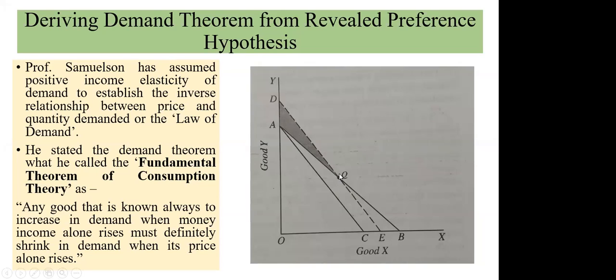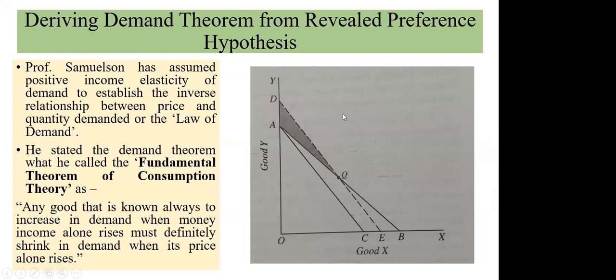Now he has two options. One, he can choose the point Q which he was previously purchasing, or he can choose any point on this segment. Why is it not inconsistent? Because when he was on price line AB, this particular part was beyond his price line.